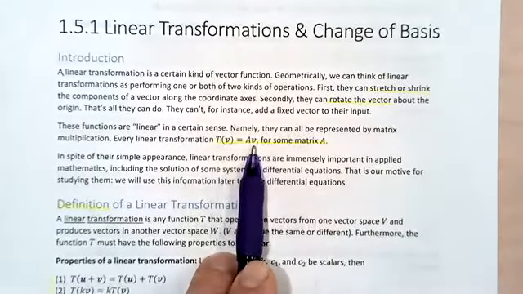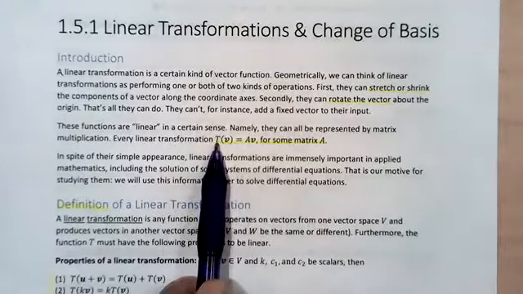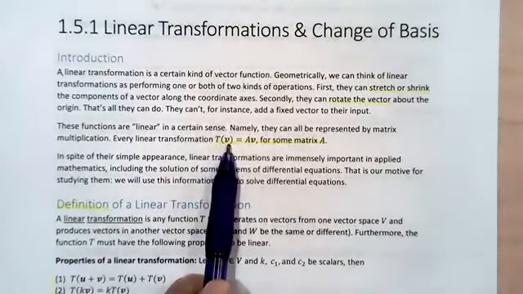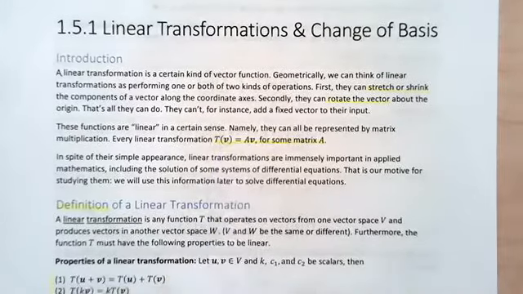Now, in that spirit, you'll also sometimes see T of V. Instead of writing it that way, people will write T times V, sort of like T were a matrix, so that it looks like matrix multiplication. Well, there's a good reason for that, and that is that you can write it as a matrix multiplication.